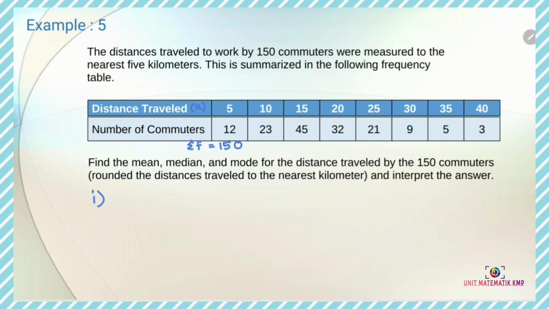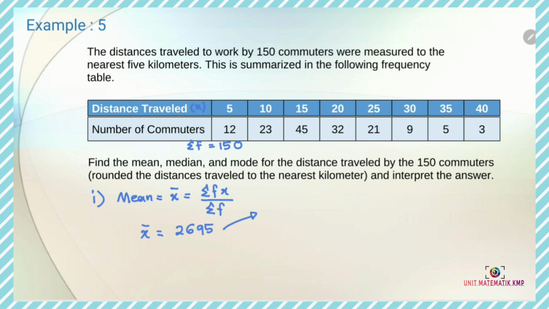First, we find the mean. Here we use the symbol x bar and the formula is the total of fx over total of f. Here the total of fx, we get 2695.